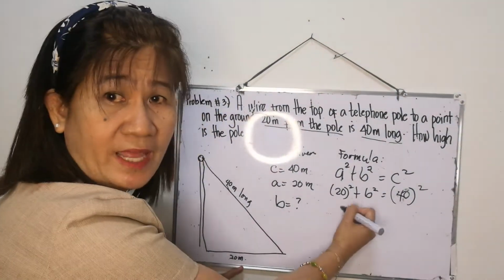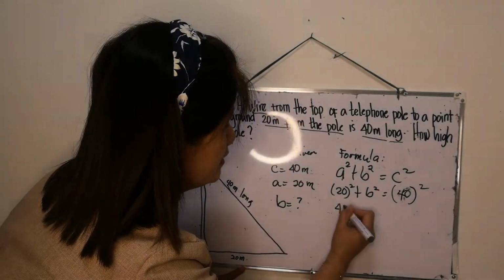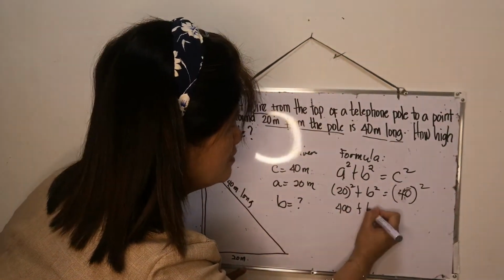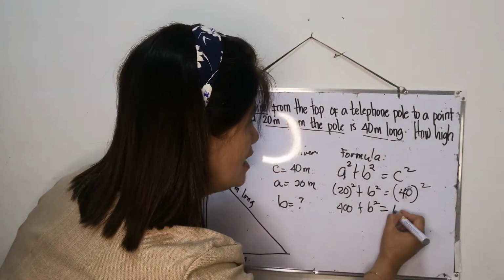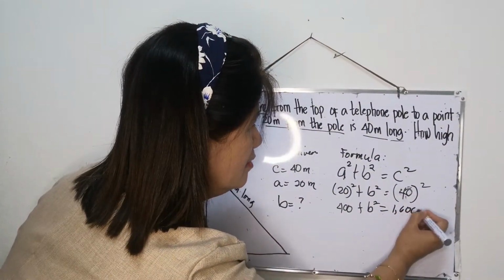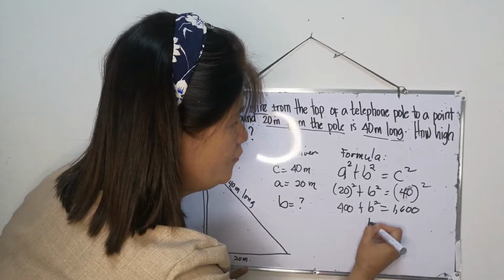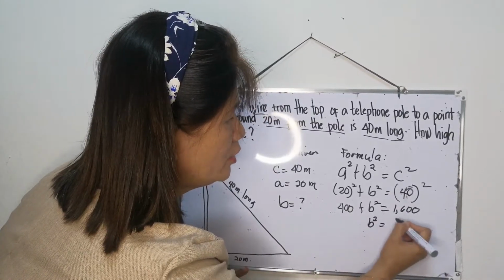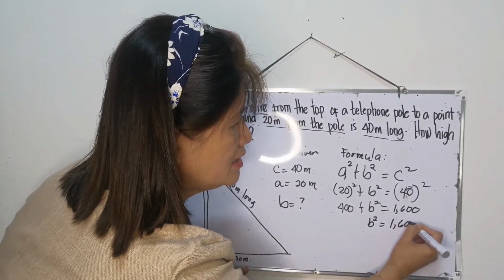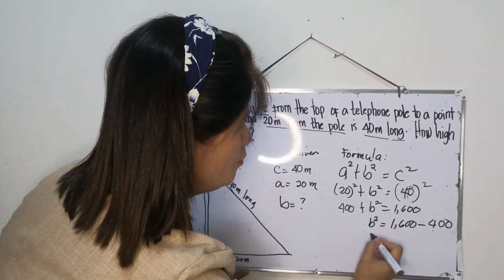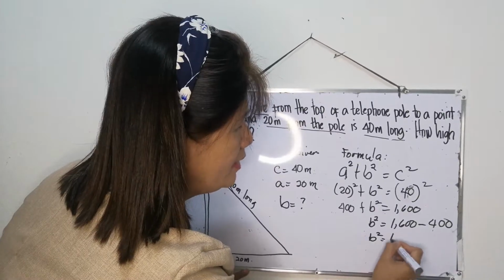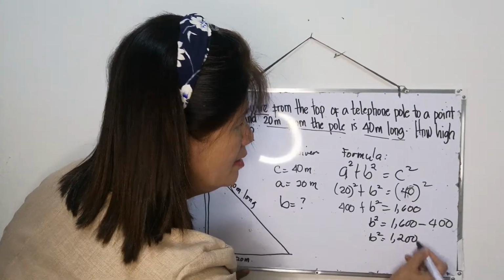Okay? 20 times 20 is equal to 400 plus B squared. 40 times 40 is 1,600. Then, to find B, you're going to bring down 1,600, then subtract 400. So, B squared is equal to 1,200.